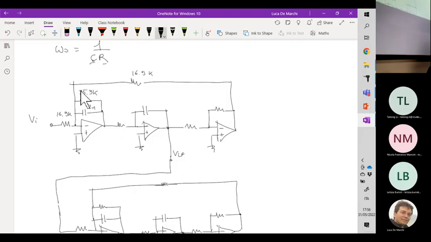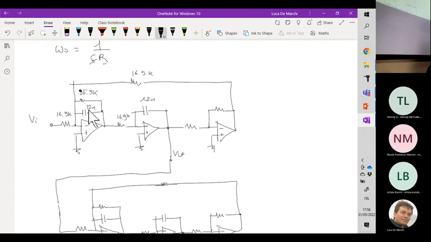No, sorry, this is 95.3. And this is 16.9 kilo. And this is 1.2 nanofarad.